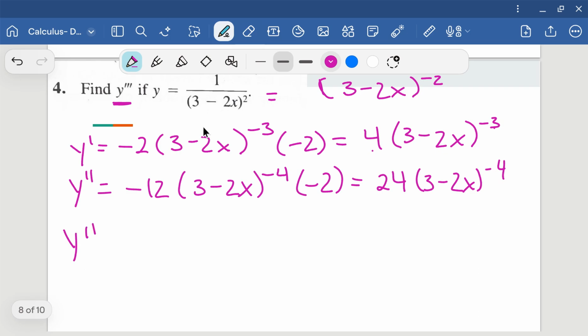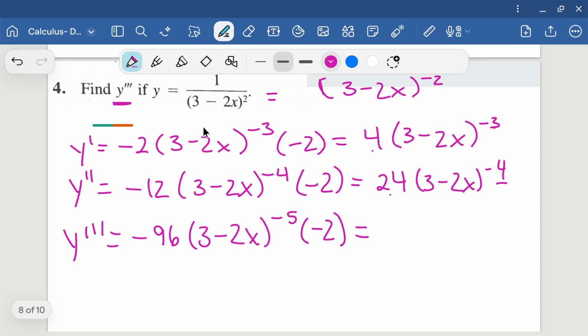Now, seeing the pattern here, doing this one more time, taking the negative 4, times 24 is negative 96, and that's times 3 minus 2x. Subtract 1 from the exponent, negative 5, multiply by negative 2. This ends up being 192 in the numerator, and then we can put 3 minus 2x to the power of positive 5 in the denominator so that our exponent is positive.